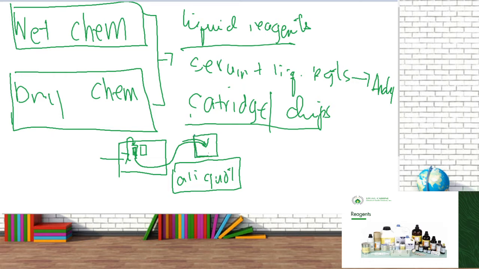This chip will react on your sample depending on the chip. Let's say, for example, this chip is for creatinine. Then it will produce this color. It will produce color. This color will be read by our analyzer.